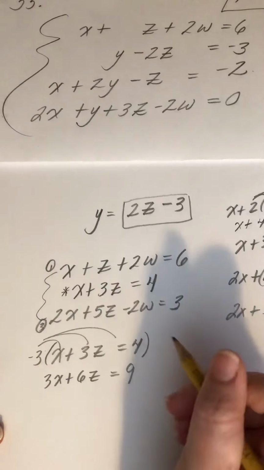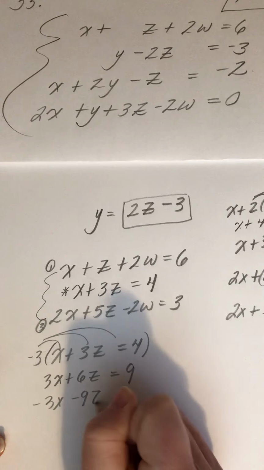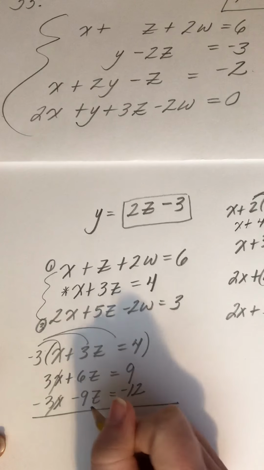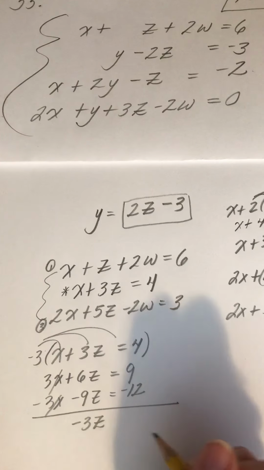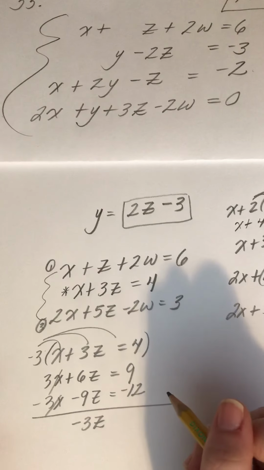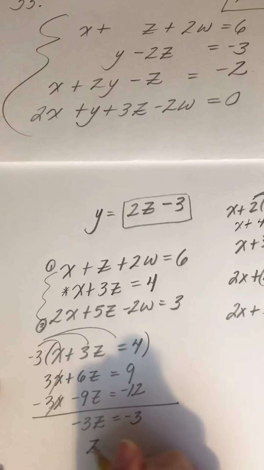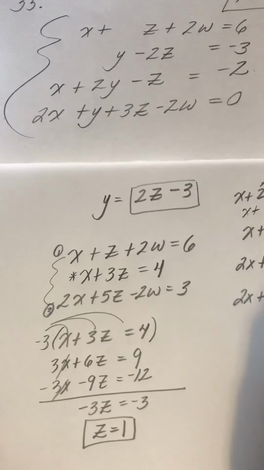Ding, ding, ding. So then that would be negative 3x minus 9z equals negative 12. Let's add straight down. Our x's cancel out. We get negative 3z equals negative 3. So z equals positive 1. That's so nice. All right, perfect.